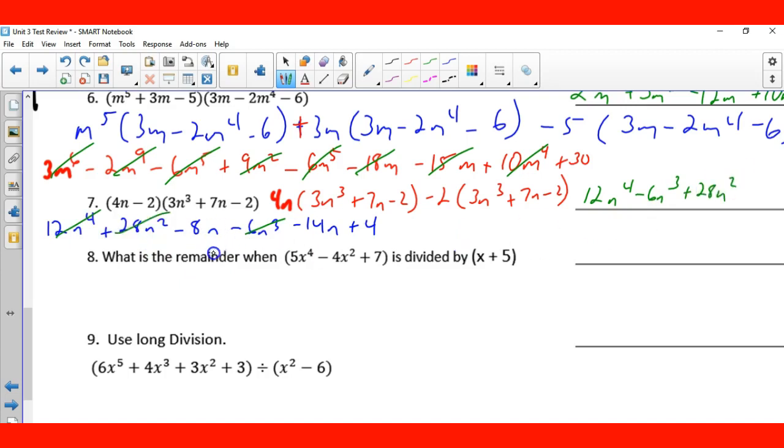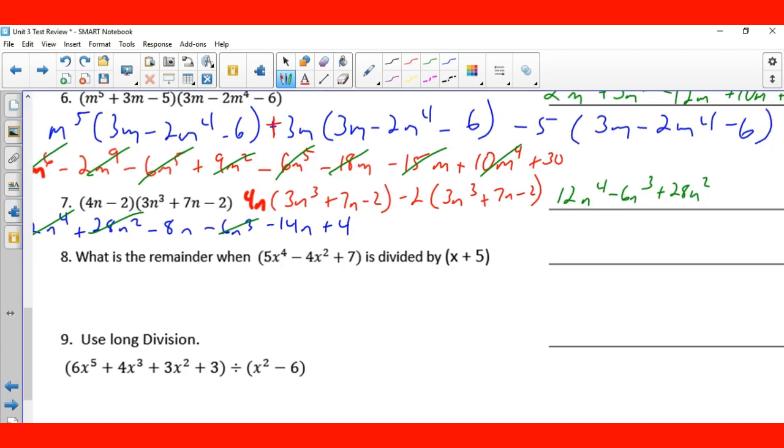Then we have -8n minus 14n is going to be a -22n. And then we have finally +4.